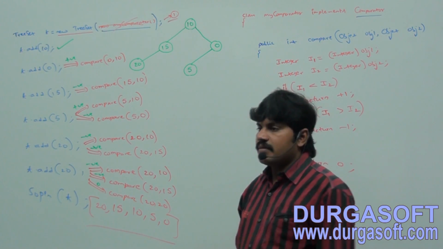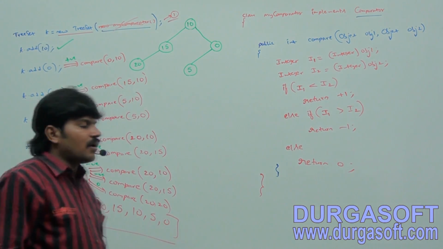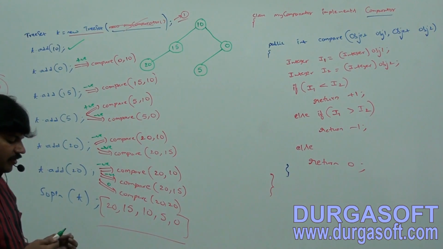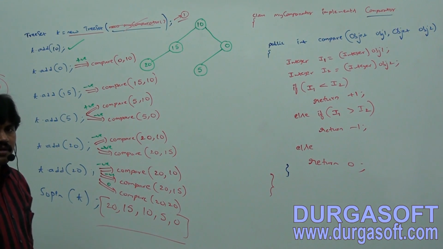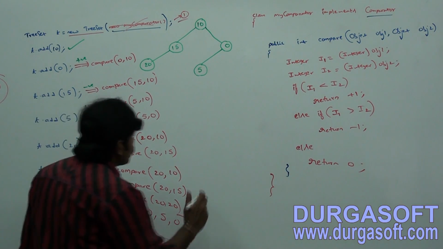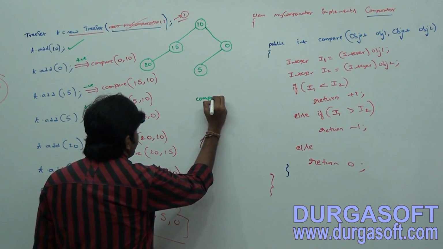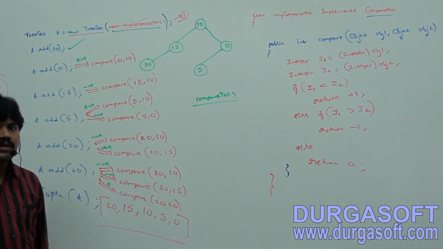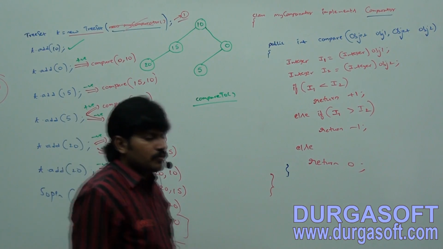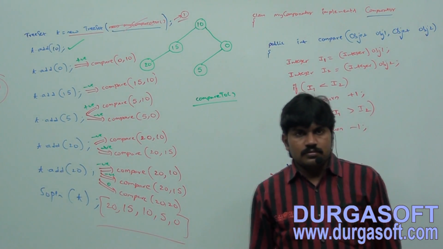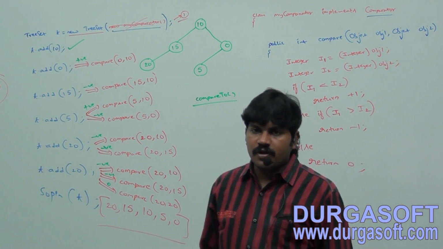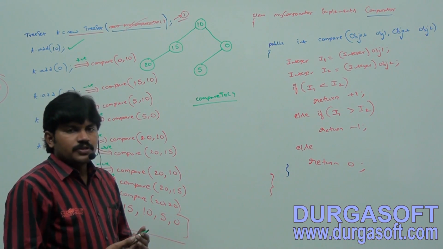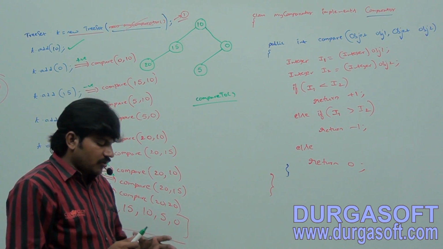Internally JVM will call the compareTo method, which is meant for default natural sorting order.